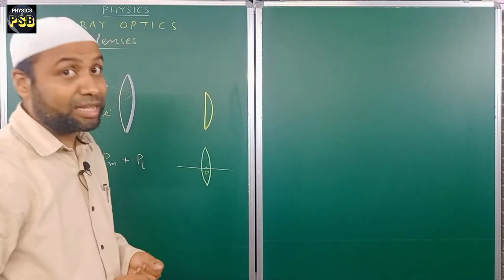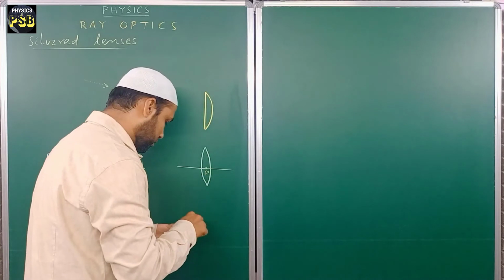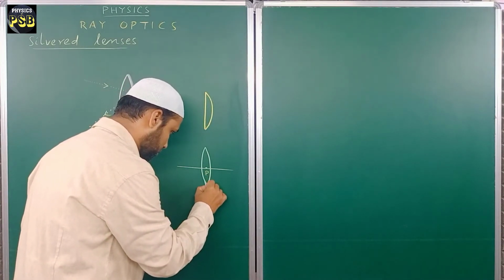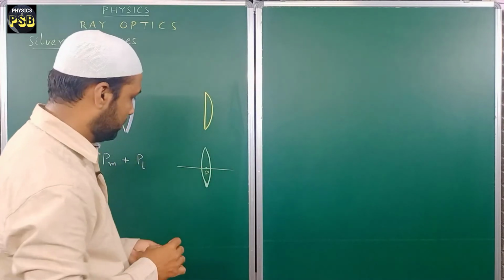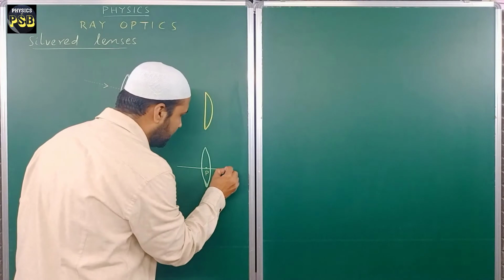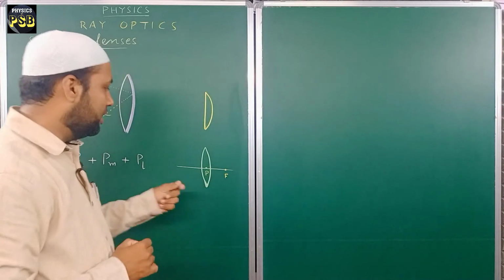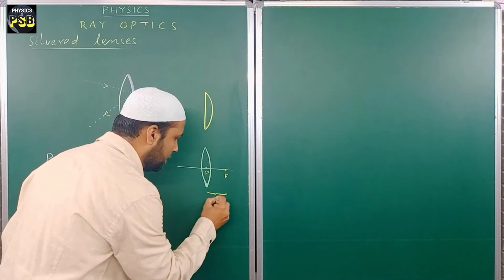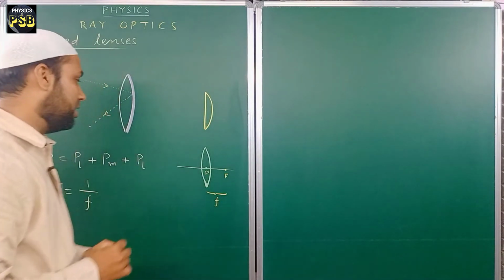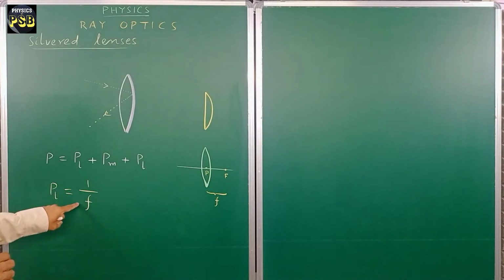Pole is the geometric center of a given lens. If this is the focus of this lens, then the distance between pole and focus is referred to as focal length, small f. Understand? So the reciprocal of the focal length is the power of the lens.